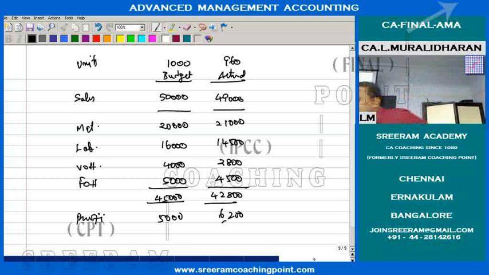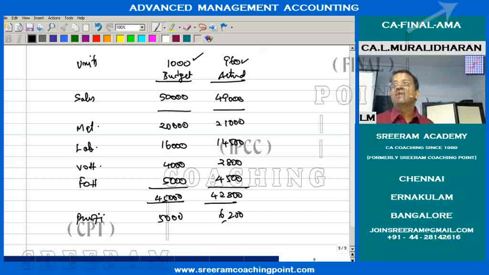I will ask you a question. Is it fair? Your expectation is that you have to do 1,000 units, and actually you have produced and sold only 960.